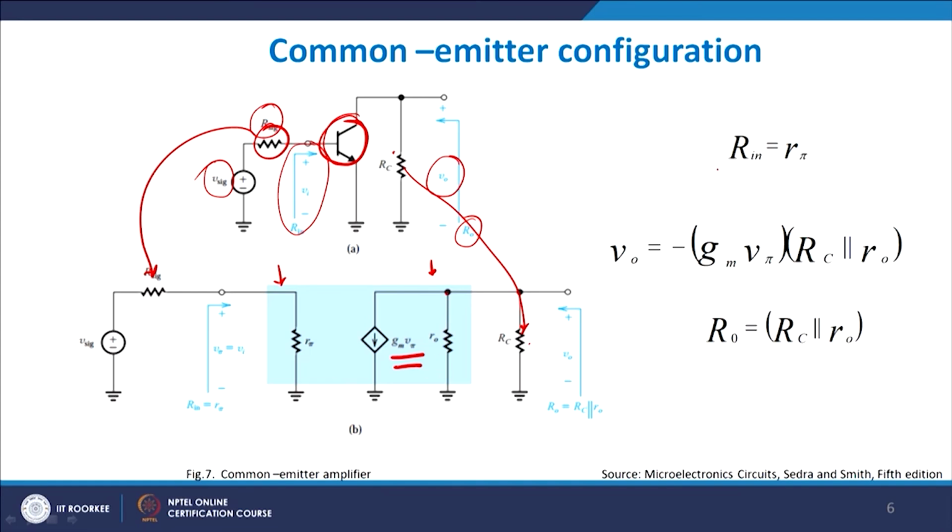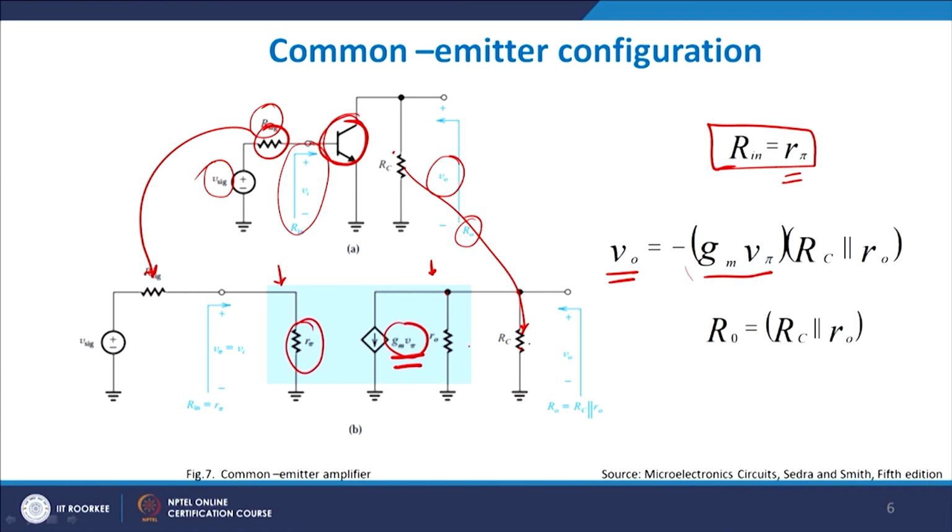So we get Rin equal to R pi, no need to understand why, very simple, because looking from the base side, I only get R pi as my impedance. So R pi is the Zin value. V0 is Gm times V pi, where V pi is nothing but the voltage across VBE, and the output current multiplied by RC.